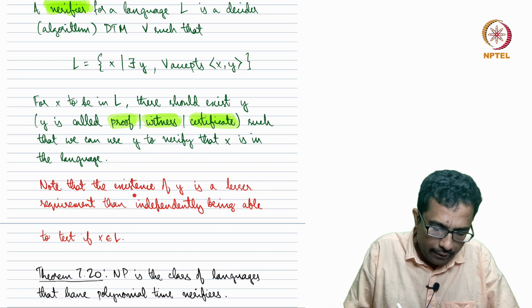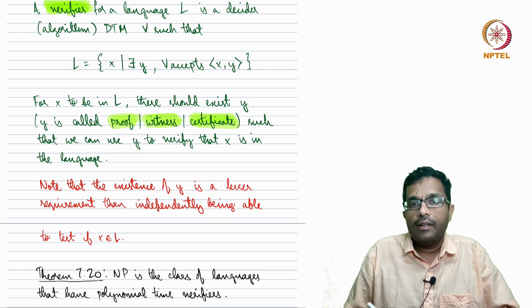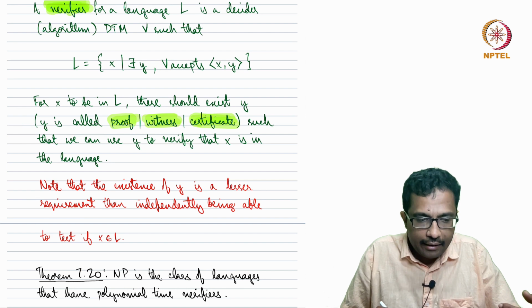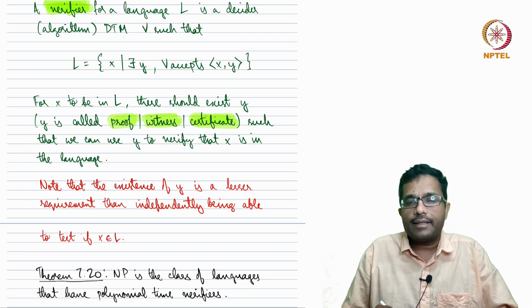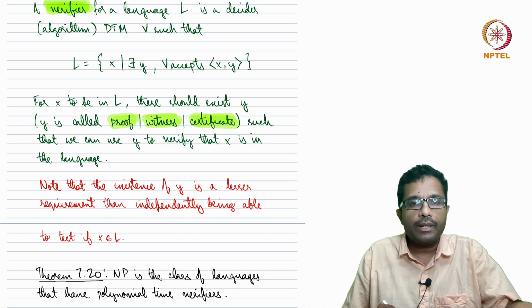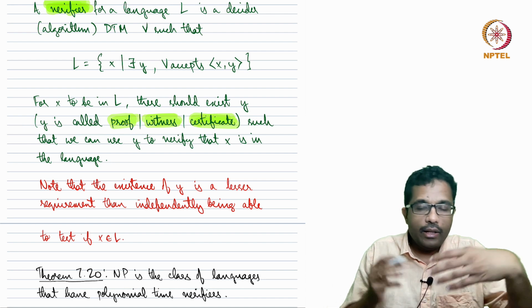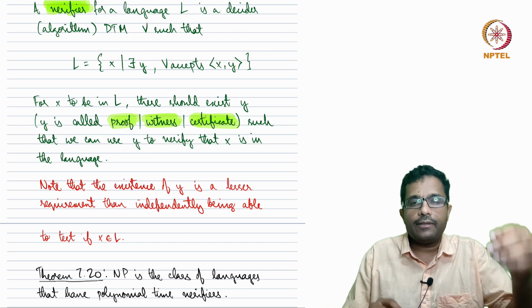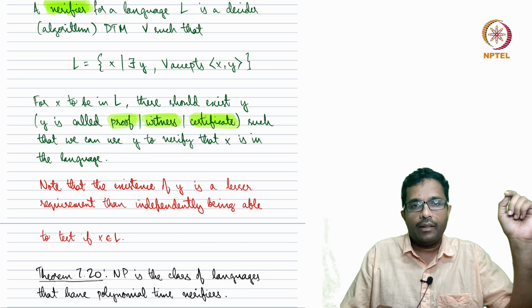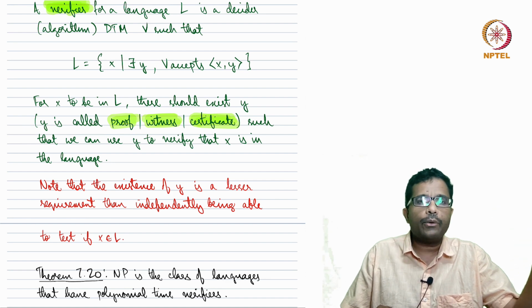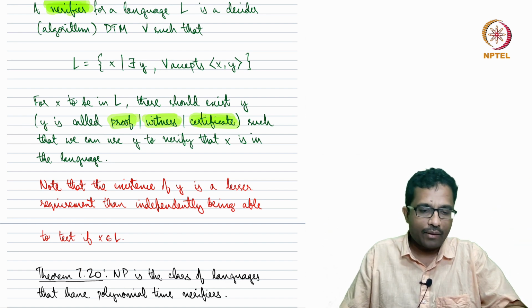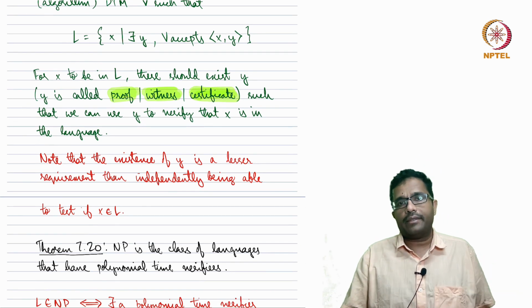So the existence of a y, which is the existence of a proof, and the requirement to verify that x is in the language with y is much simpler than testing if x is in the language without being given anything, right? Verification of x being in the language with the help of y is much simpler, right? So that is the situation.